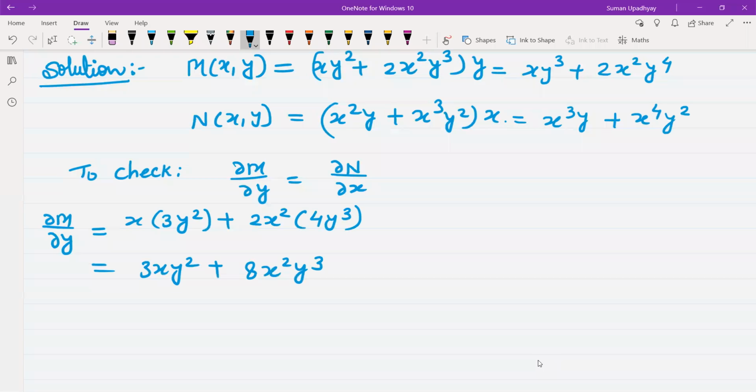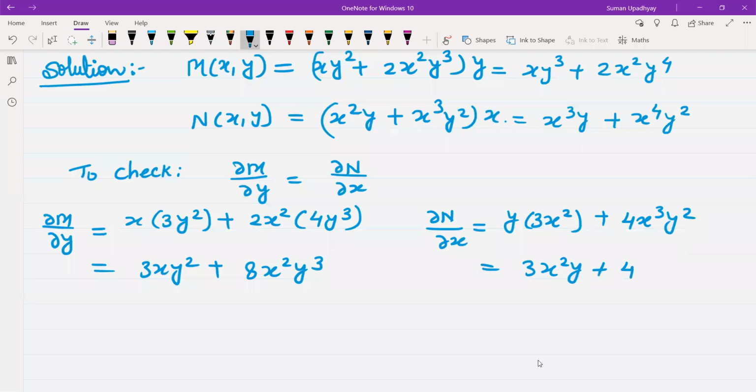Similarly, you differentiate N partially with respect to x, treating variable y as constant. So your y is constant, the derivative of x³ is going to be 3x², so 3x²y plus, y² is constant, the derivative of x⁴ is 4x³, so 4x³y². So I got it as 3x²y + 4x³y².